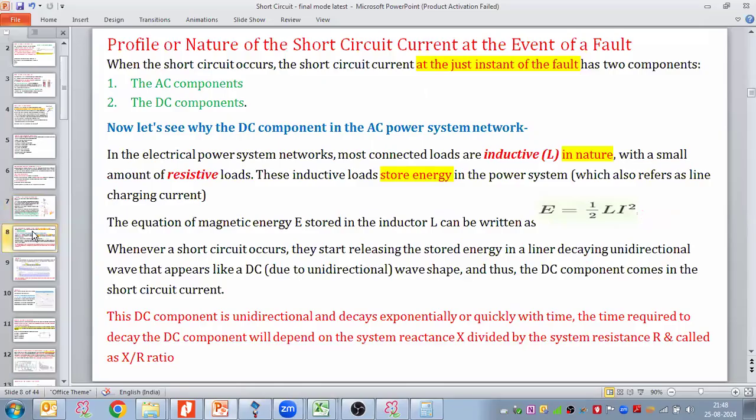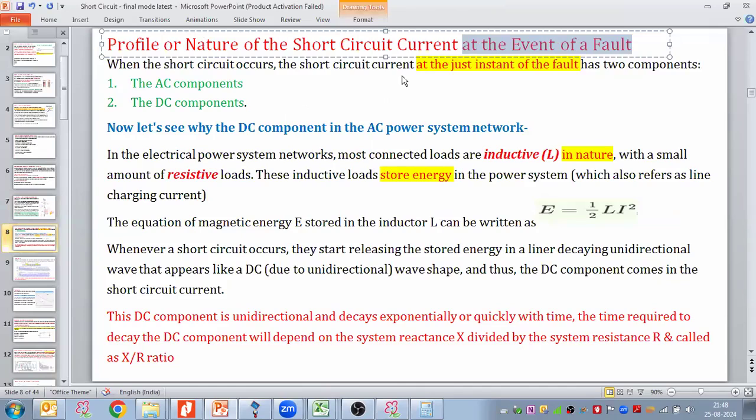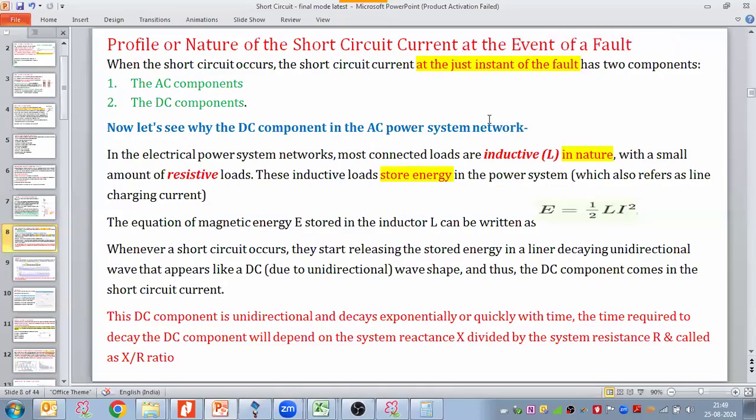Now let us see the profile or nature of the short circuit current at the event of the fault. This is important, at the event of the fault. Why at the event of the fault? I think yesterday Venkatesh also took this topic, but since it is important to understand the basic concept, that's why I am taking it again.